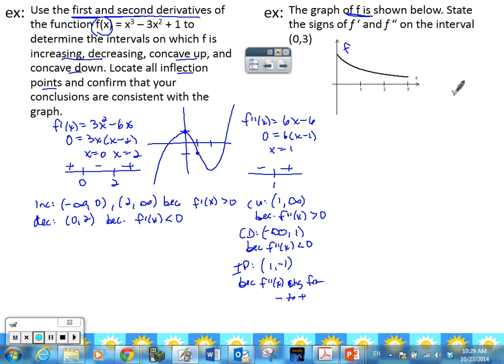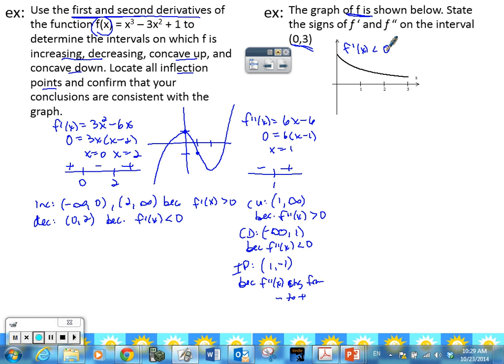So we're pretty used to looking at the first derivative, right? How do we figure out the first derivative from a position graph? Just the slopes, right? So as we look at the slopes, we're looking up this way. All of those slopes between 0 and 3 are negative, right? So f prime of x is going to be less than 0 there. We all agree with that? Okay, it's going to be less than 0.